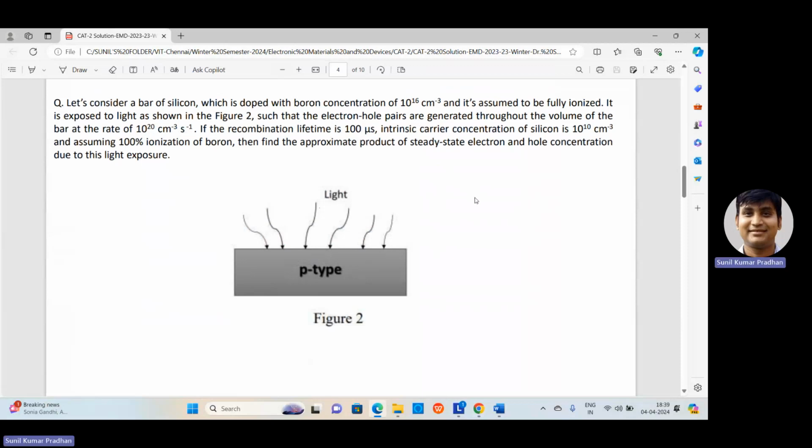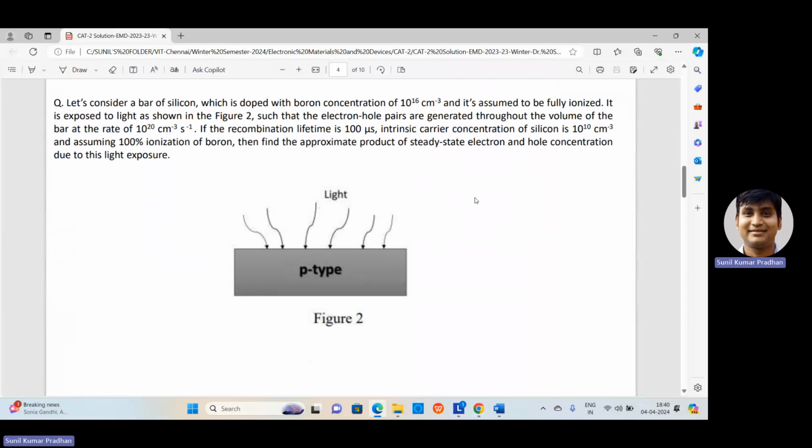Remember, whenever light is exposed to a semiconductor, electron hole pairs are generated. Okay. Now that is the mechanism here. And as per the question, the electron hole pairs are generated throughout the volume of this bar at the rate of 10 to the power 20 centimeter to the power minus 3 second inverse.